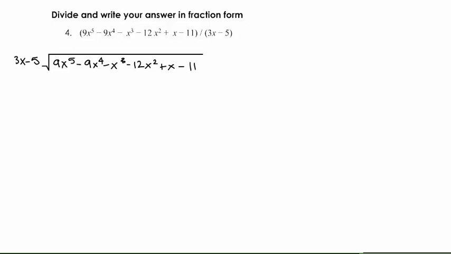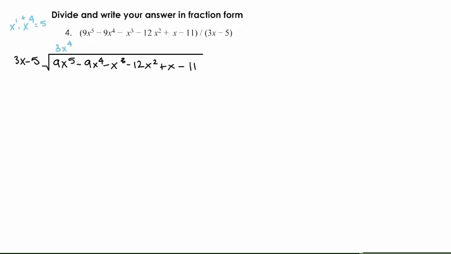So what do we need to multiply 3x by to get to 9x^5? To get 3 to 9, we have to multiply by positive 3. And to get x to x^5, you have to multiply by x^4, because when you multiply x by x^4, you add the exponents, and that gives you 5.